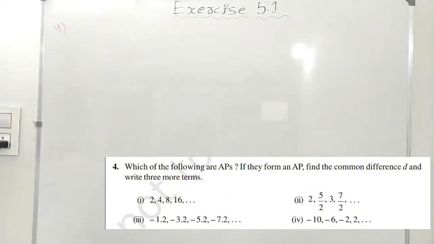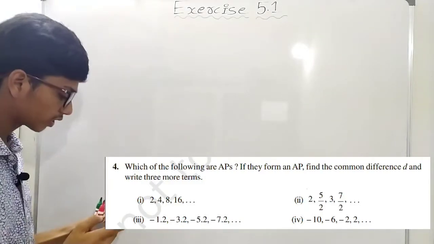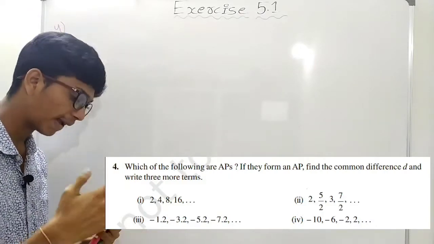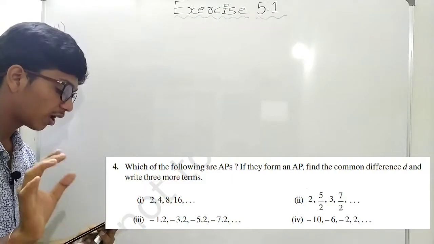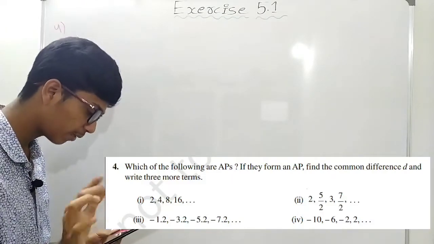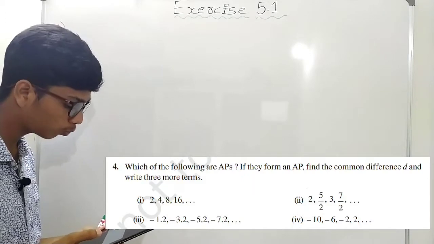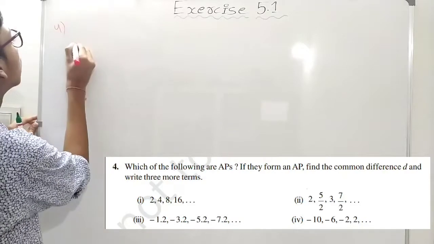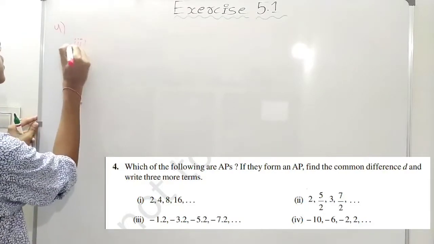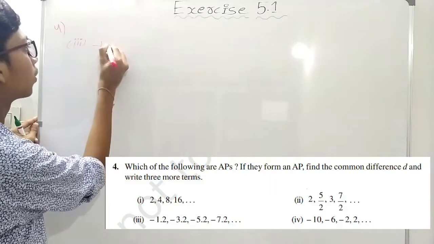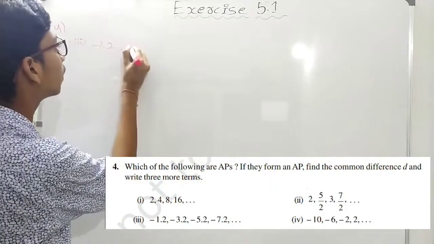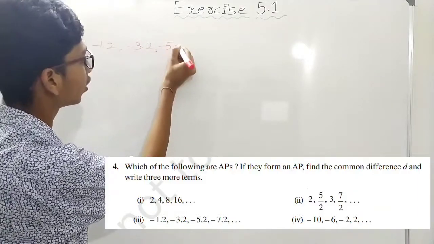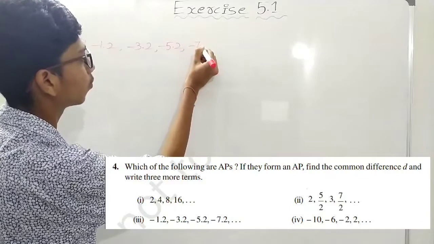The third part is minus 1.2, minus 3.2, minus 5.2, and minus 7.2.